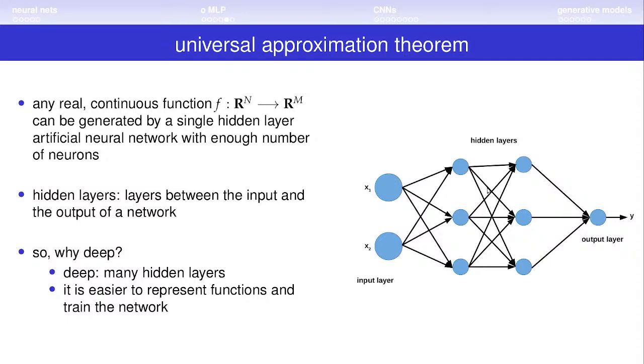Why does this happen? Because it was demonstrated that it is very difficult for a single layer network to learn the function, and it is much easier to do it with many hidden layers. That's why we use deep networks nowadays. It's interesting that any function can be represented in this way, and this is one of the strengths of neural networks.